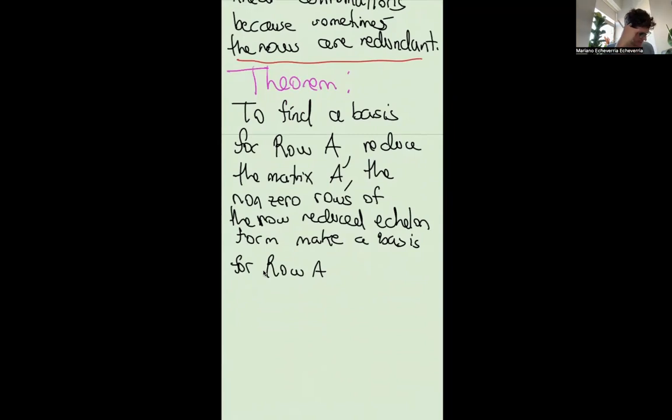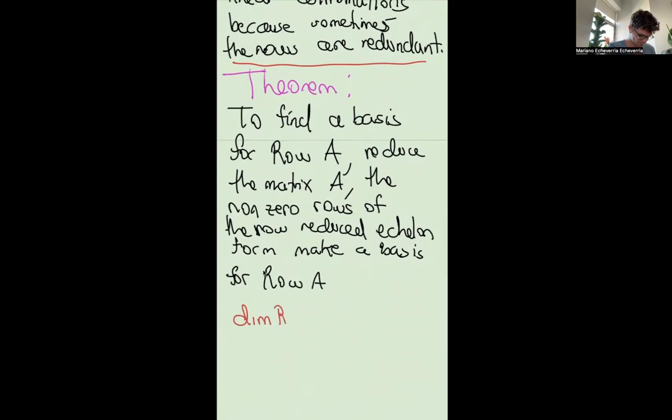So you can write that as saying that the dimension of the row space, which is the number of vectors in a basis of row of A, is just the rank of the matrix.